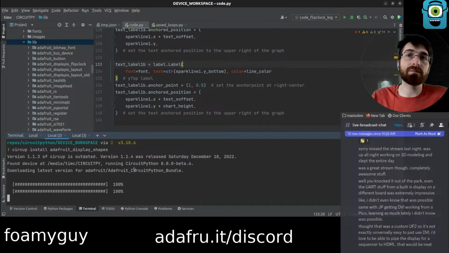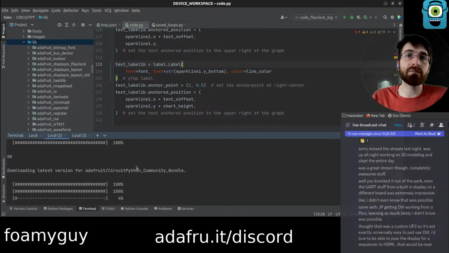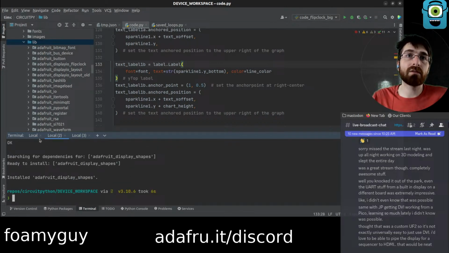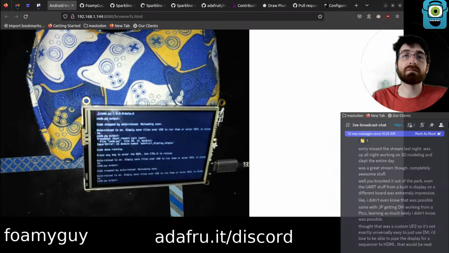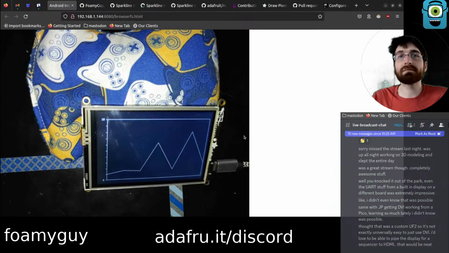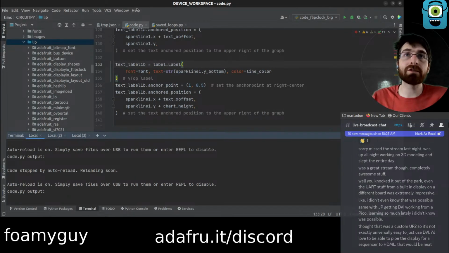So Circuit. Oh, need to get a new version of Circuit. Nope, just misremembered. So that's the released version, and it looks the same on that side.